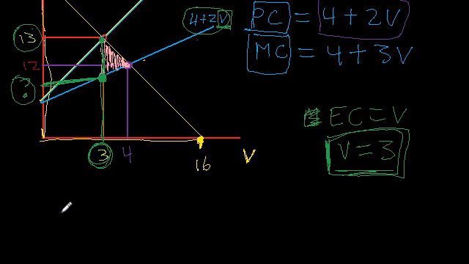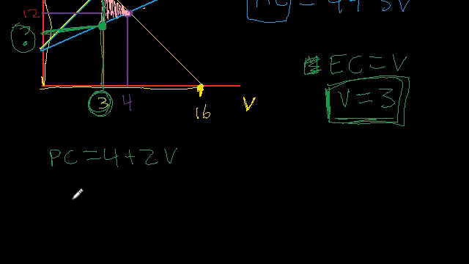So we'll use that equation. We have private cost equal to 4 plus 2V, and in this case we know that V is equal to 3, so private cost equals 4 plus 2 times 3, which equals 4 plus 6, and that equals 10.